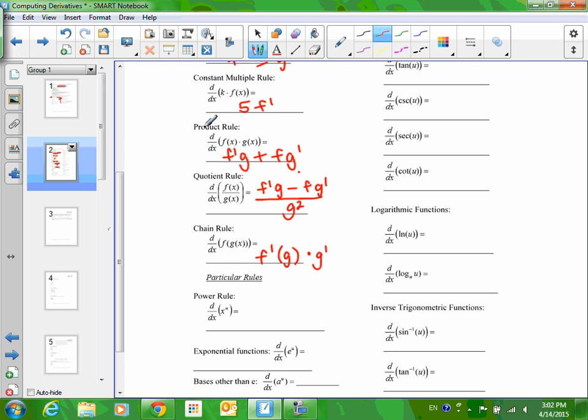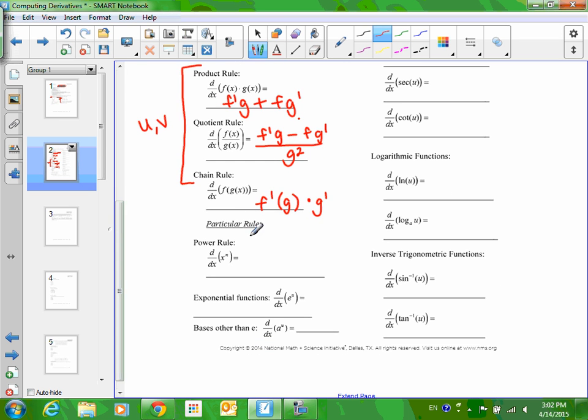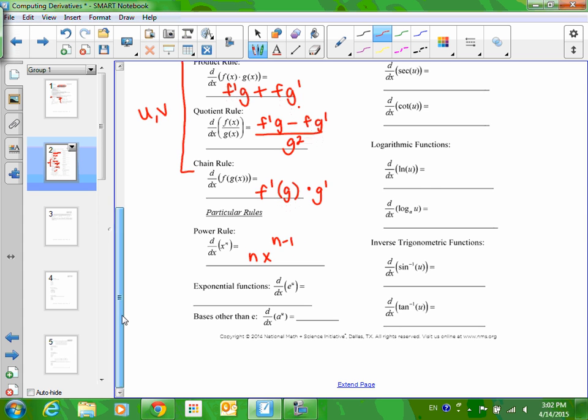On your yellow card, these use u and v, by the way, instead of f and g. Totally fine. It'll be good practice to write it down different ways. Okay, power rule. What do you do when you have an exponent? You put it to the front, and then what happens to the power? Subtract 1. That's just your basic power rule.